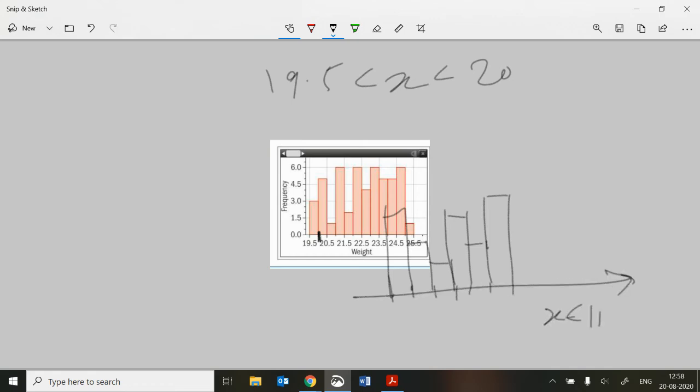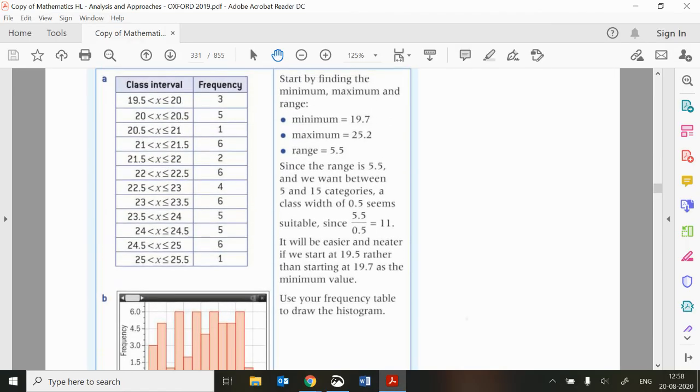So you might also need to create a category to say, where do we include 20? Do we include it in this one, or do we include it in the next one? And again, that's something to discuss. It may be that you include it in the first one and not in the next one. You can see in this case, they've included 20 in the next one.